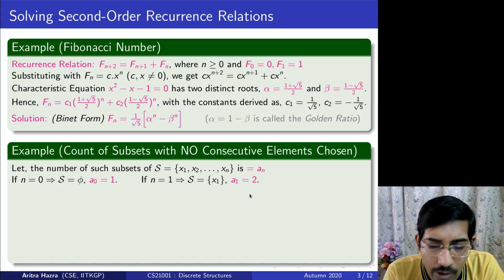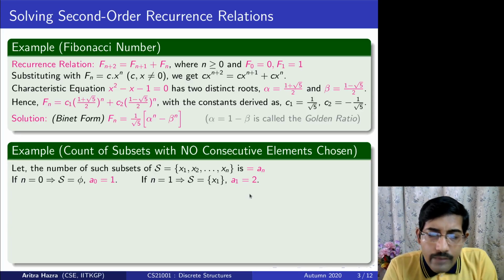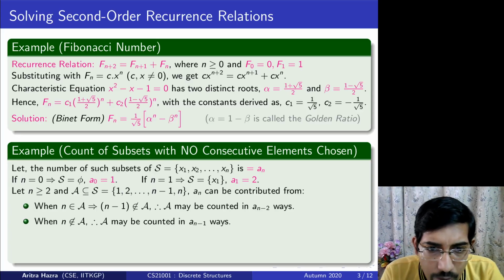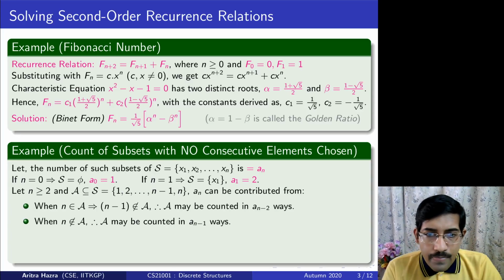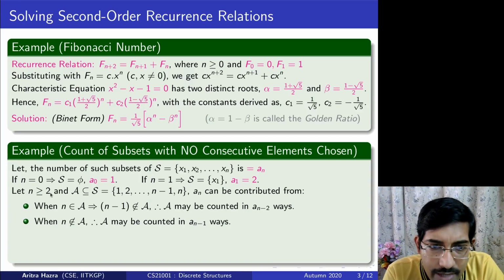Now how do I form the recurrence? Let us say I have chosen subsets from n-1 elements of S. Now what about the nth element? Let's say n is greater than 2 and my set is x1, x2 up to xn, there are n elements.